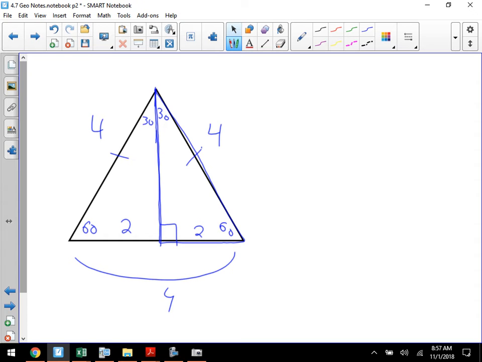Which of these values in this triangle is the hypotenuse? The side length, that's 4. So we would say something squared plus 2 squared is 4 squared. What's 4 squared? What's 2 squared? So I get x squared plus 4 is 16, so x squared is 12. Press the button in your calculator, you get x equals 2 root 3.